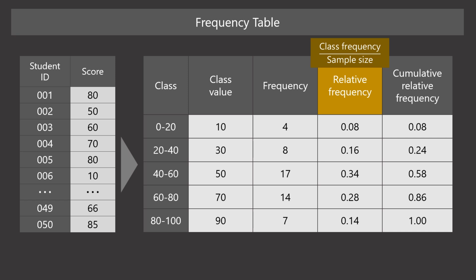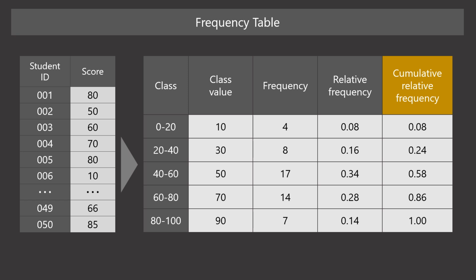When we use a sample dataset, the number of observations in a sample is called sample size. Let's see this class as an example. Since the total number of students is 50, the relative frequency of this class is calculated by dividing 17 by 50. So, it is 0.34.